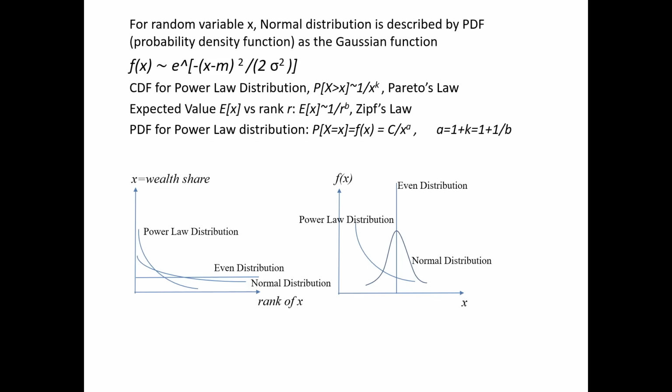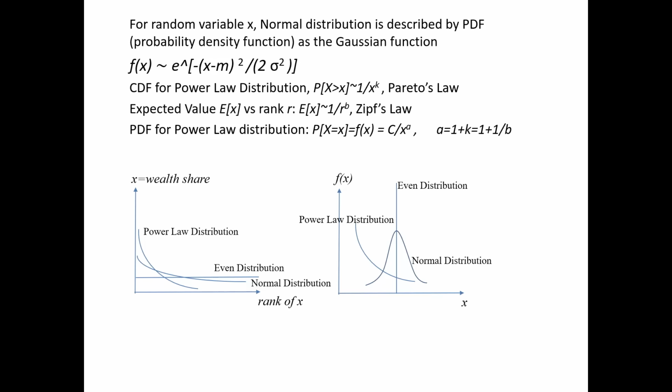So for a random variable X, the normal distribution we're all familiar with is e to the minus (x minus the mean) squared divided by 2 sigma squared. But for power law, people a lot of times get confused about the terminologies.